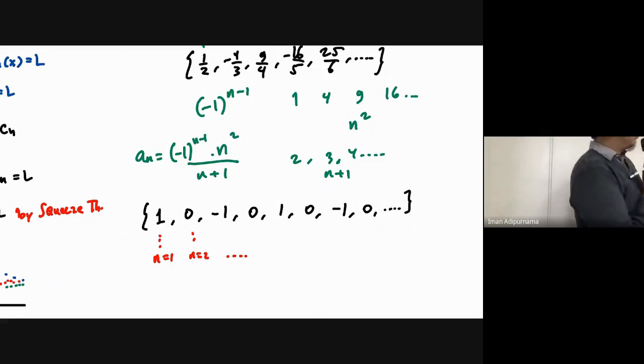Any idea for this one? You have 1, and then 0, and then -1, and then 0, and then 1, and so on and so forth.